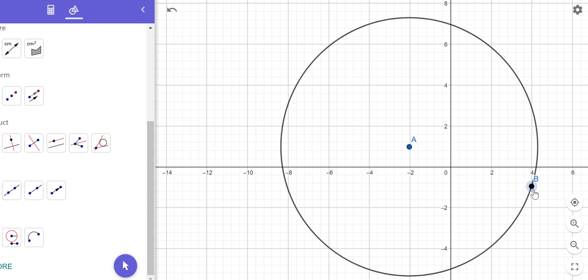Imagine, if you have nice hands, not with arthritis like mine, you can go there. So this A is your -2, 1, and the B is the other one. We now want to find the radius, that means the distance from A to B. We will go back to the second question later.